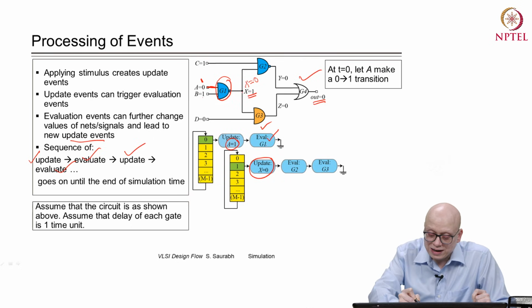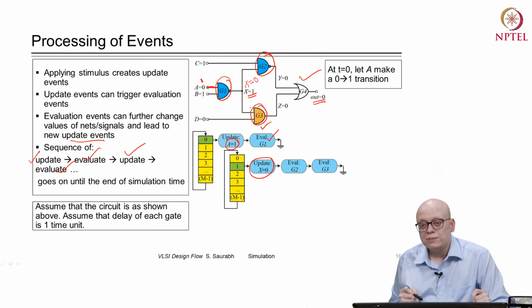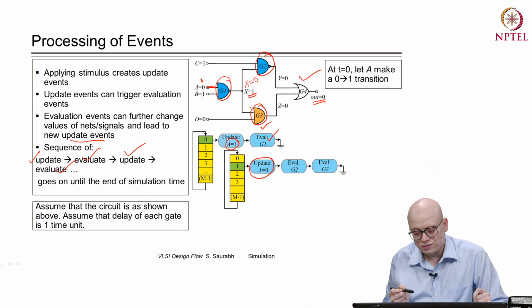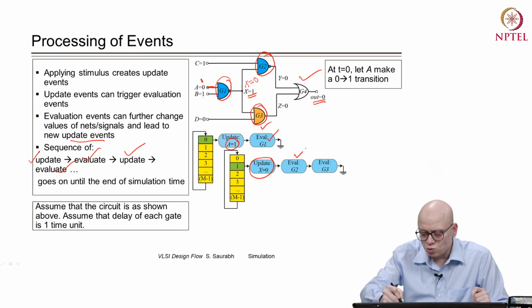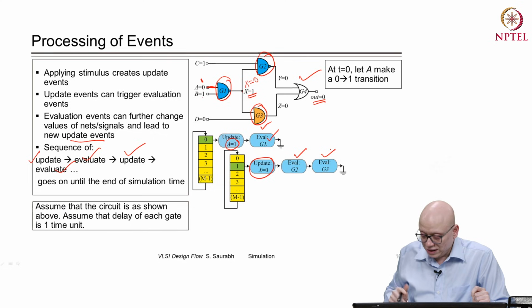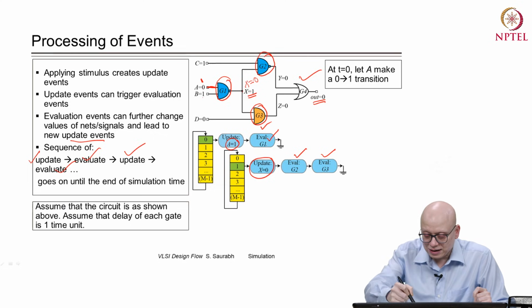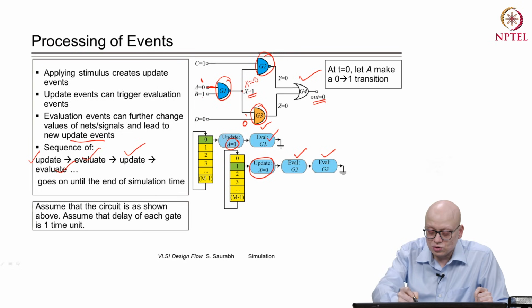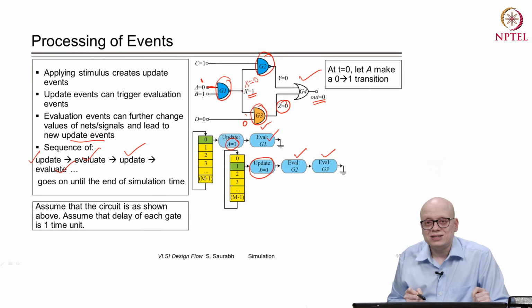Now, when x is changing, these two gates are in the immediate fan out, and therefore an evaluation event will be created at G2 and G3. Once we evaluate G3, the value at D was 0, and now x is equal to 0, so Z will remain 0, it will not change.